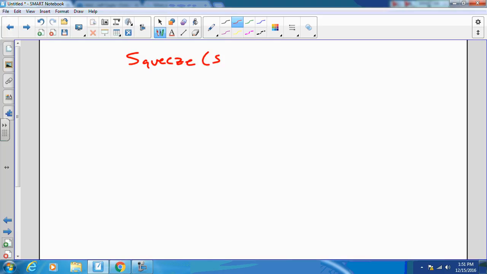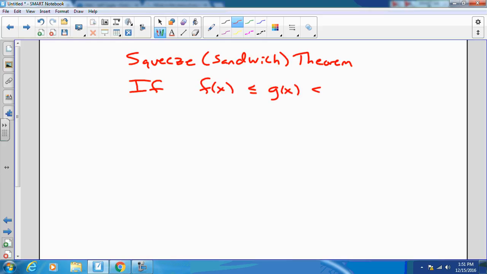A relatively uncommon theorem that we use is called the squeeze or sandwich theorem. And the situation there is that we have a function that is sandwiched or squeezed between two other functions, bounding functions.